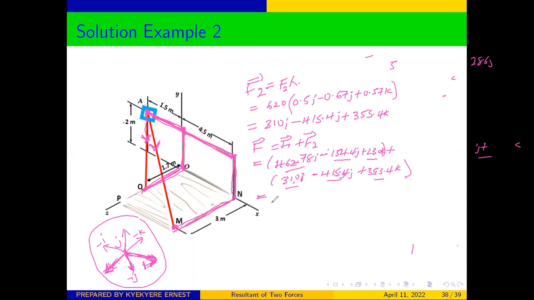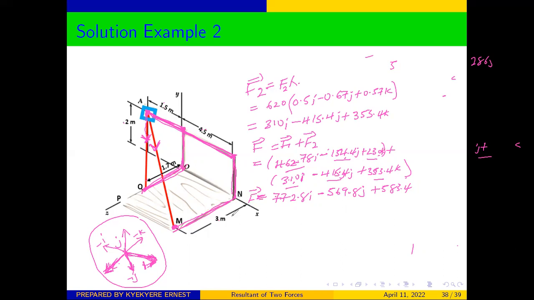So our F, which is our resultant in vector form, will be 772.8i, that is when you add this and that, minus 569.8j, plus 583.4k. So from here, we have been able to get our resultant force in the vector form.